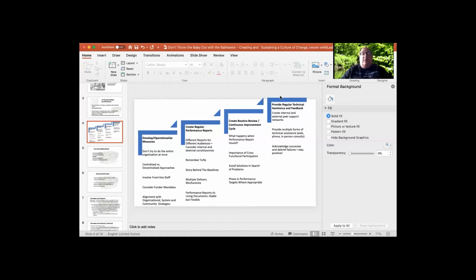Really, one of the most important things is once you issue the reports, if they're going to be of value, they have to be used. And they won't be used if there's no expectation for their use or if their use is not supported. And that's through the creation of a regular review process. And that usually or should come from the top down.